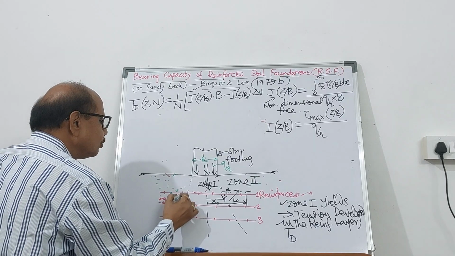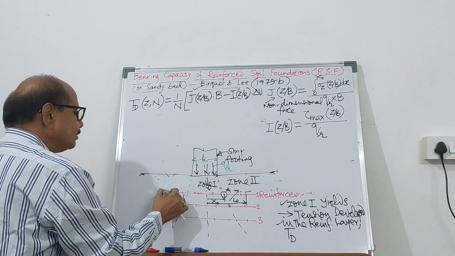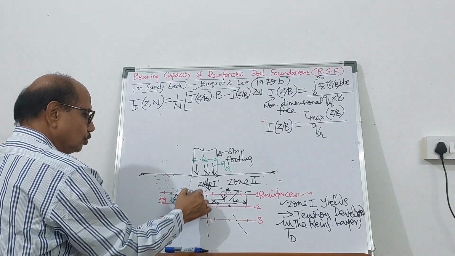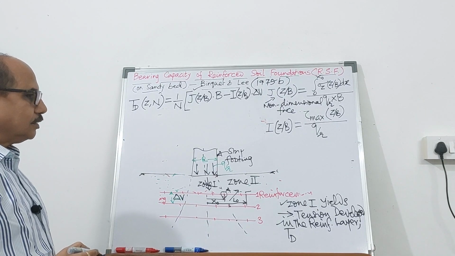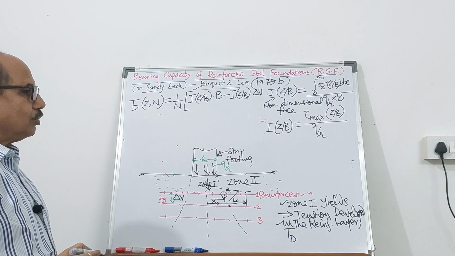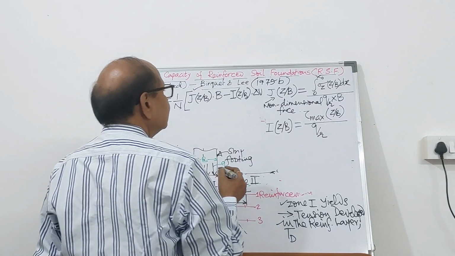Delta V, I have already told you, is the vertical distance between two consecutive layers of reinforcement. So it is going to be delta V.